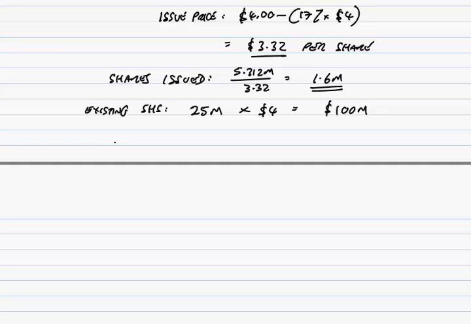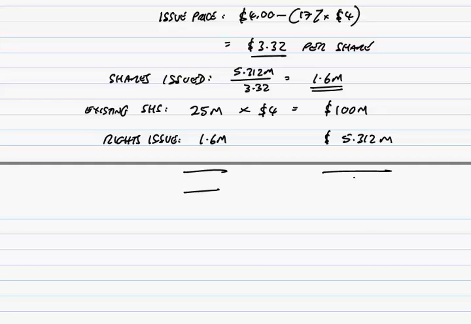I don't know why that happened, and I'm sorry. We're going to issue new shares, the rights issue. In total, an extra 1.6 million, and the total we're going to raise, 5.312 million.